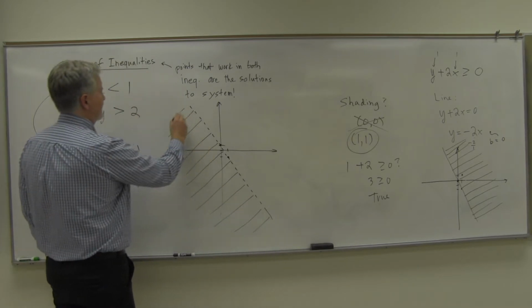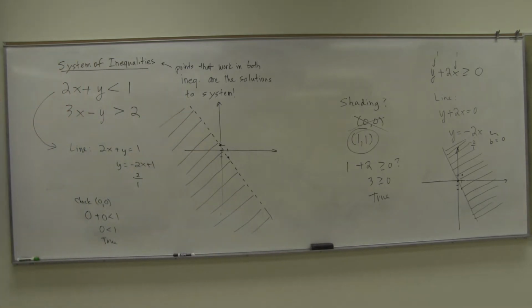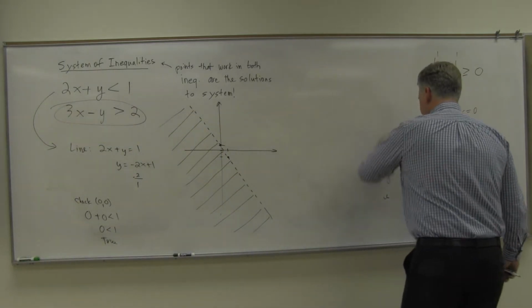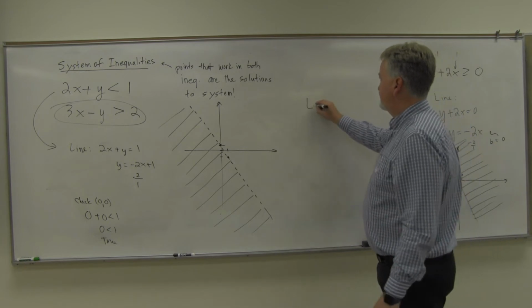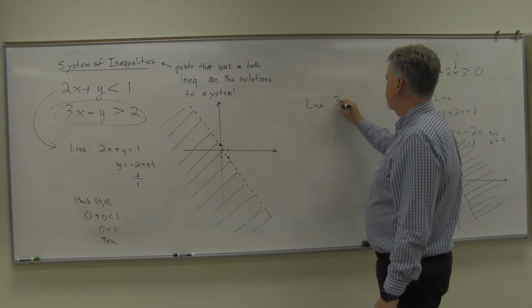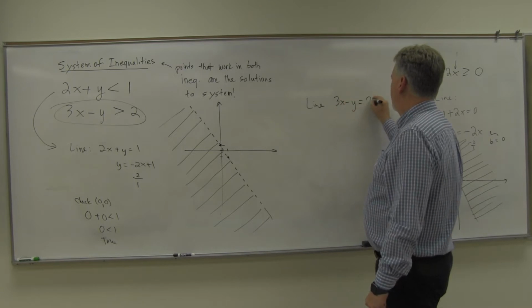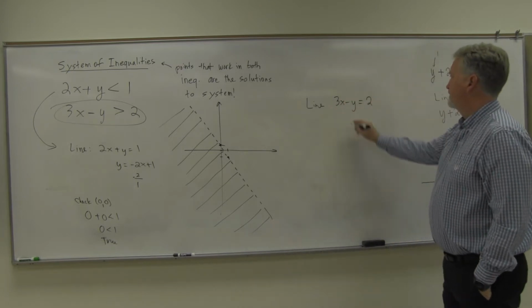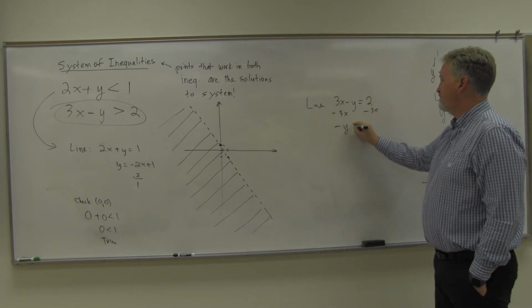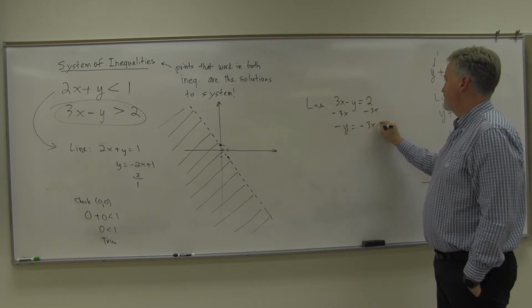Now, it gets a little messy because we're also going to have to do this one on that. And so that line, with a boundary there, well, subtract the 3x, and so that's minus y equals minus 3x plus 2.